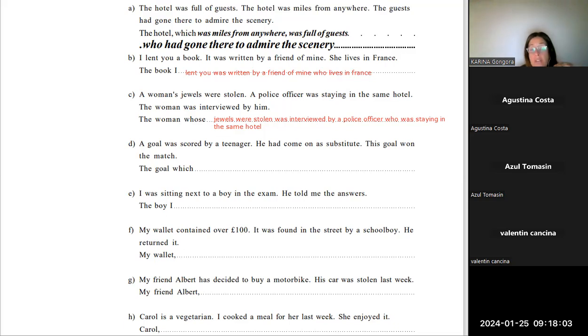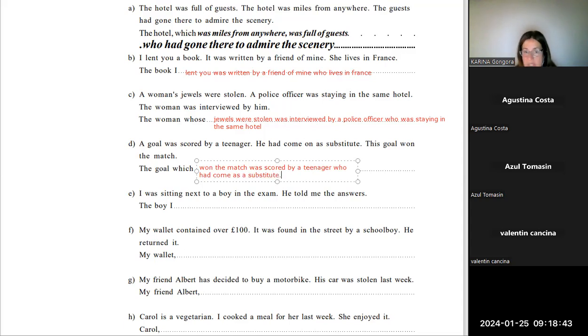Okay, but Valen, it's perfect, but you missed the last part. You didn't include won the match. I will write it, yes? For me, the most natural way to say it would be the goal which won the match, yes, was scored by a teenager who had come as a substitute.